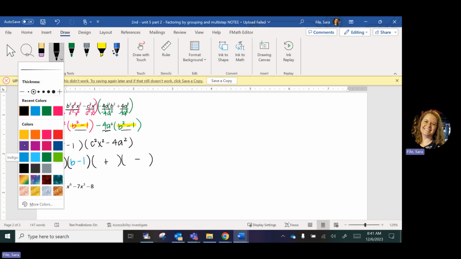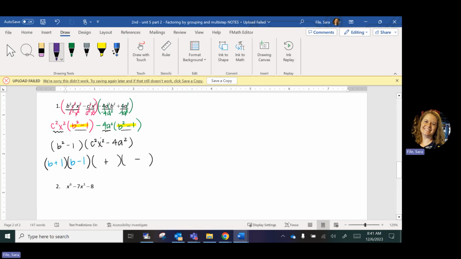We're going to take the square root of the first term. So what would the square root of c squared x squared be? Just cx. And what would the square root of 4a squared be? Not 4.